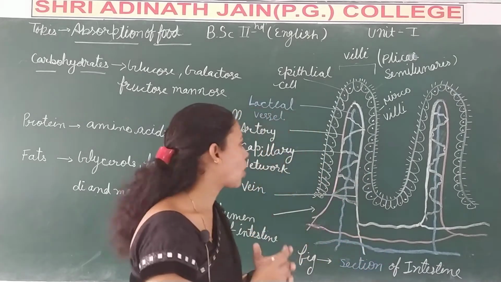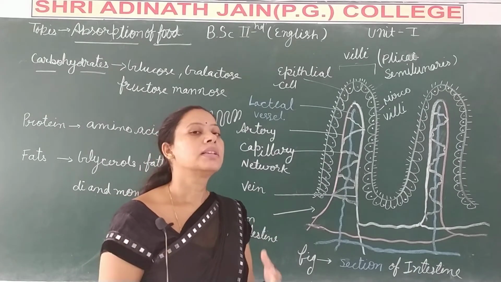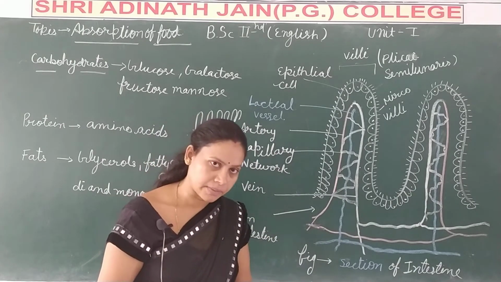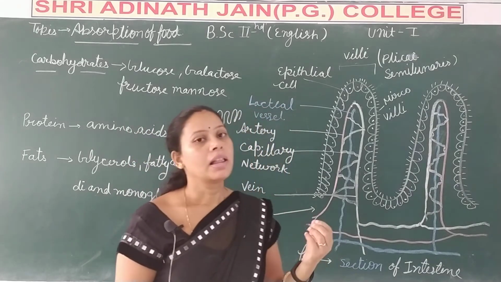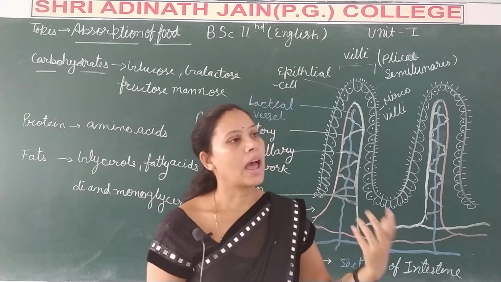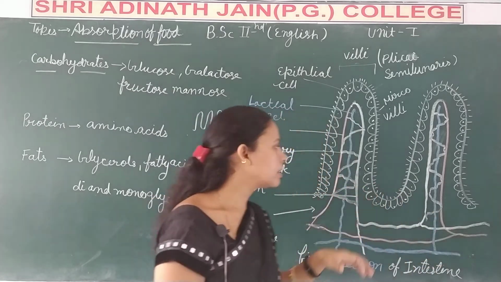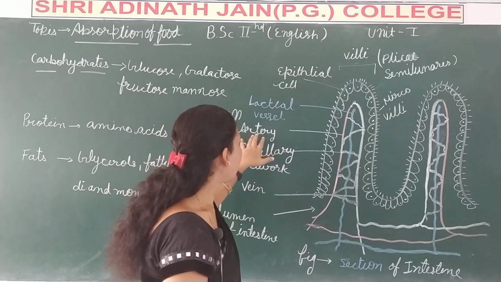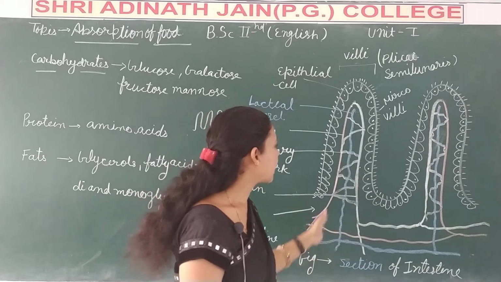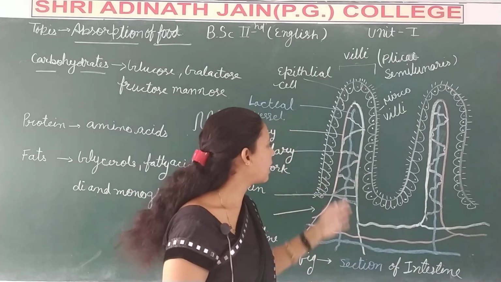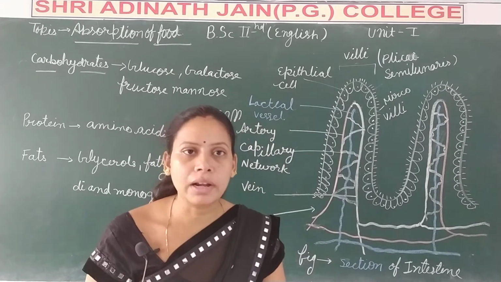In each villus, some blood capillaries or vessels are present. There is a lacteal vessel, and veins and arteries for the supply of blood. In this area, the artery carries blood into the area, and the vein carries the blood out of the area.